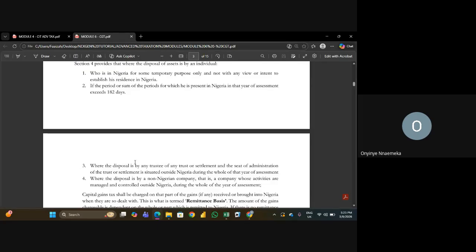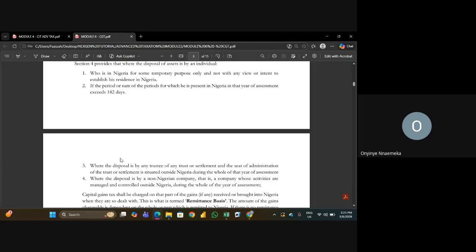Now, we want to talk about the disposal of an asset in a situation where the person disposing the asset is not in Nigeria. Let me start from number one. The person is in Nigeria, but only temporarily. He does not intend to stay in Nigeria. He disposed an asset, but is not currently a resident. He's only in Nigeria for a limited and very short period of time. Number two, the person is present in Nigeria and his stay has exceeded 182 days, which means he has become a resident.